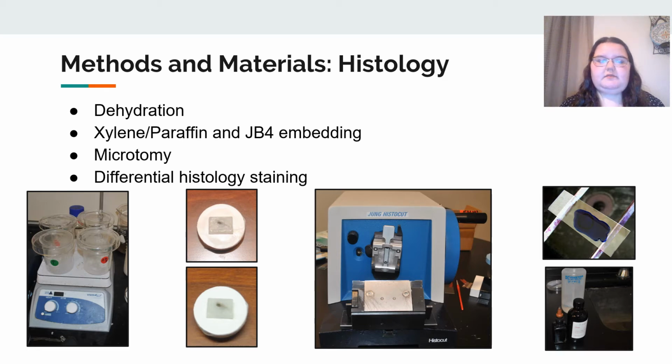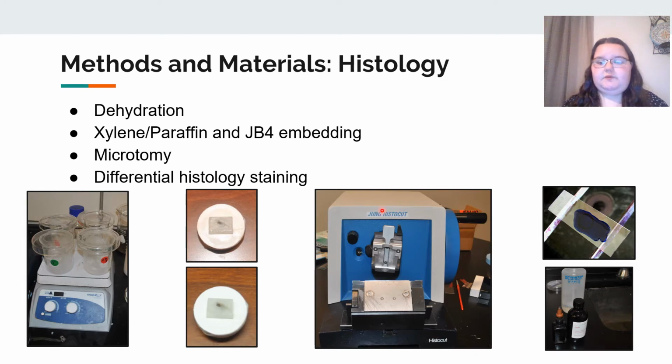Xylene and paraffin embedding worked really well for small embryos, but as the embryos got bigger in size, a lot of times the cuts on the microtome with the xylene paraffin blocks would fall out, or they just wouldn't hold together, and the cuts would be jagged, and so they wouldn't be able to really see anything once we did histological staining.